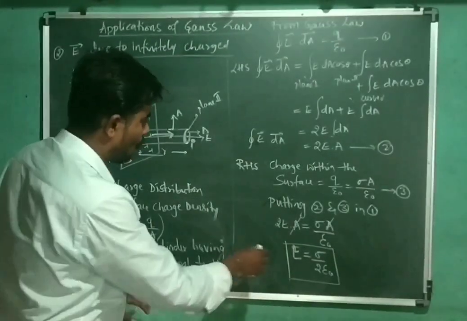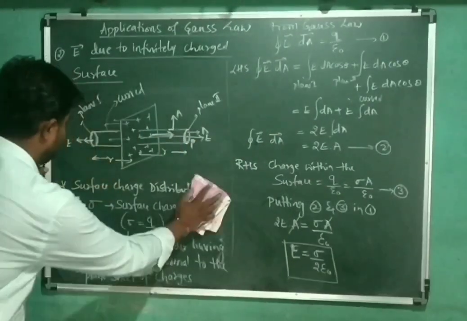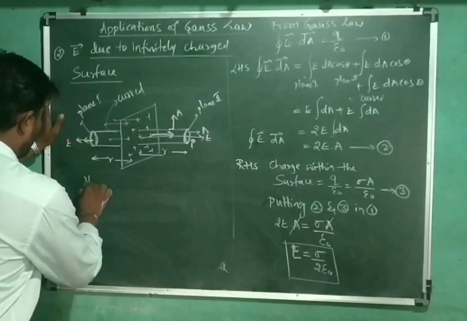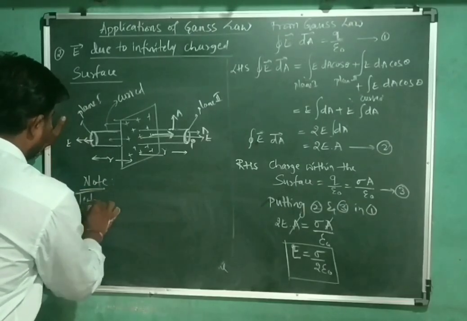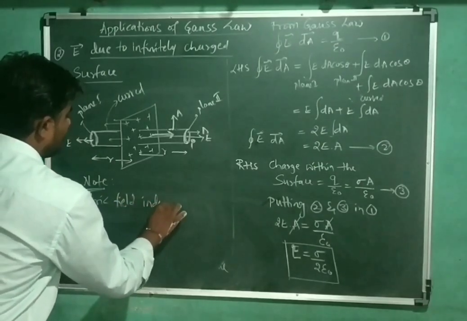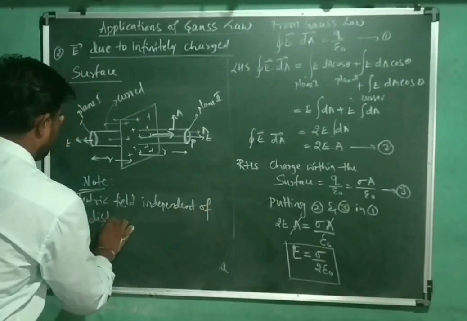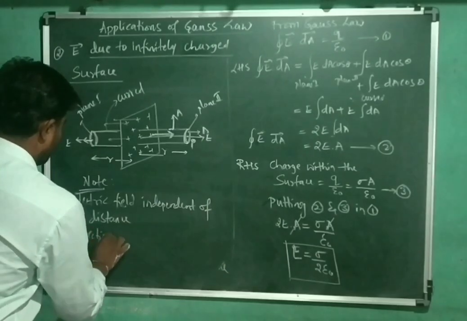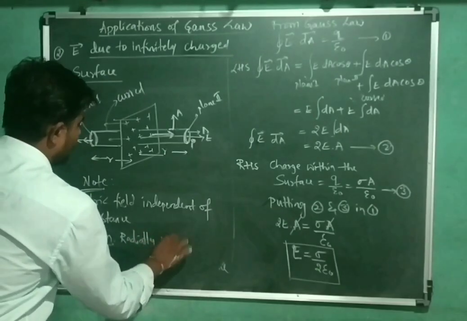Understood? So 2 points. First point, note, electric field independent of distance. And second point, direction, radially outward.